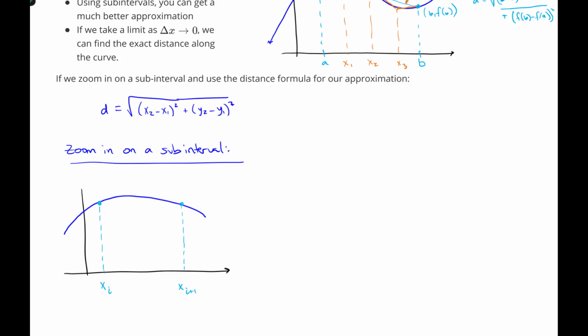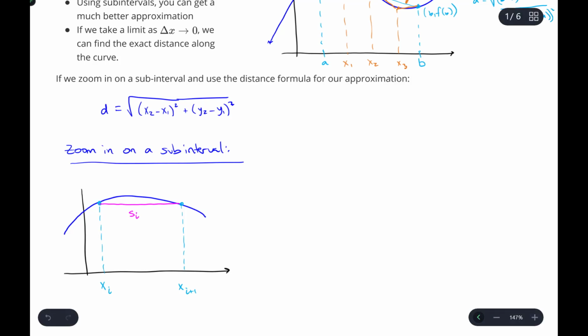And what we would be looking for is this distance from here to here, which would be the approximate arc length on that ith subinterval. So I'm going to call that s sub i.